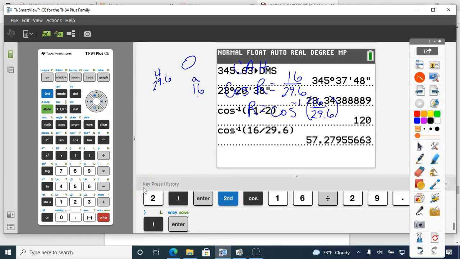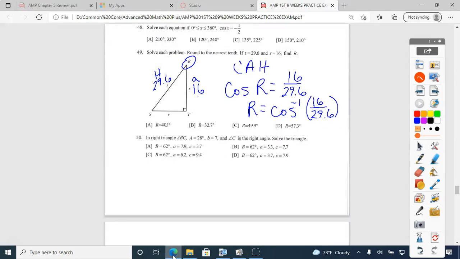I'm looking. Oh, I think I said 52 point. It's 57.3. Okay, so we're good. I just didn't say the answer. I'm sorry. 57.3 is right there. D. It's 57.28 or something, so it's 57.3.